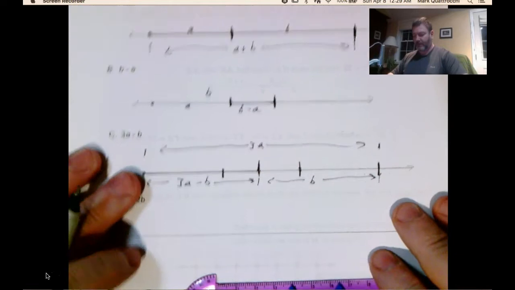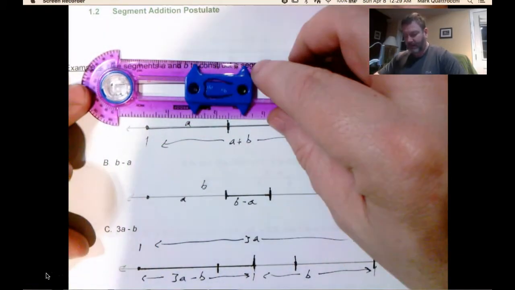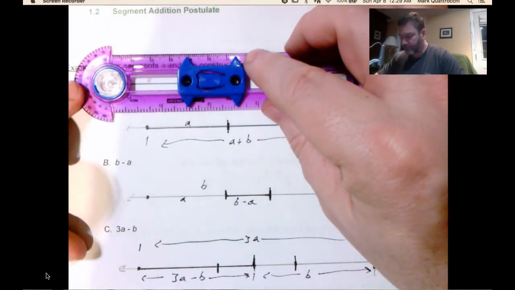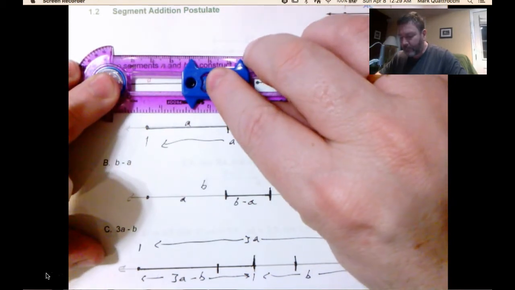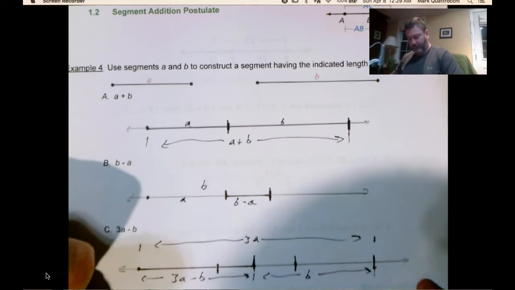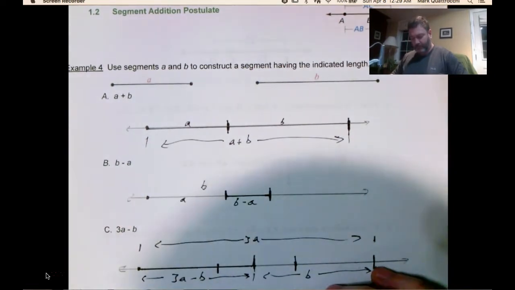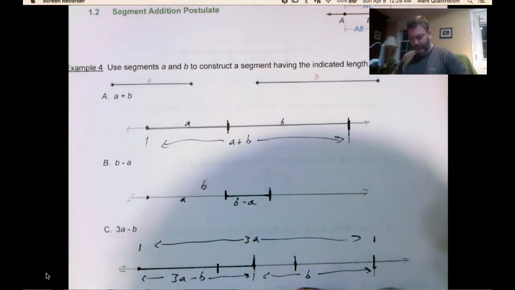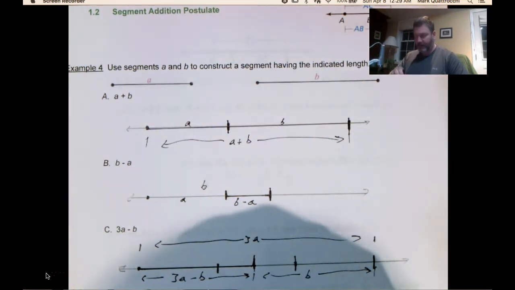Alright, let's make our copy of A. And our starting point. Here's our copy of A.